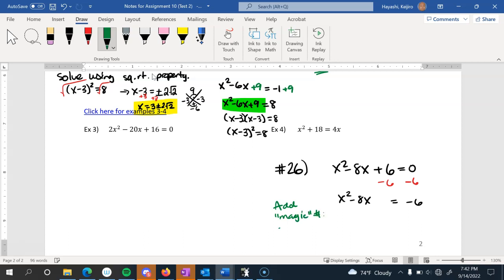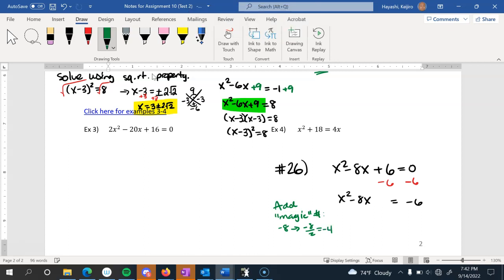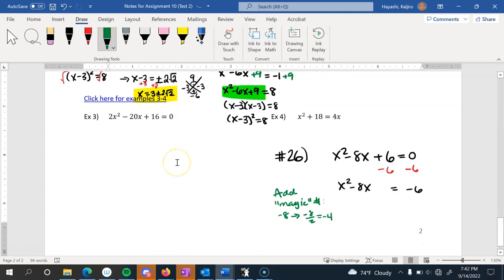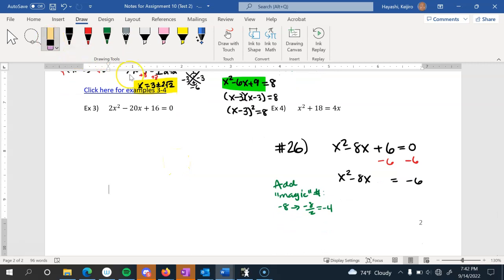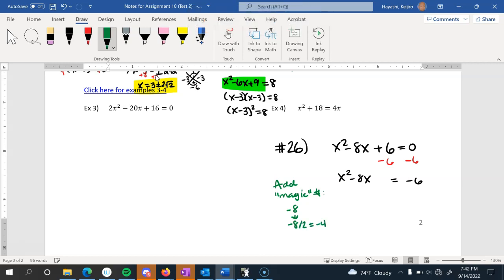So that's going to be negative 8, but then divided by 2, which is negative 4. So negative 8 divided by 2 is negative 4.